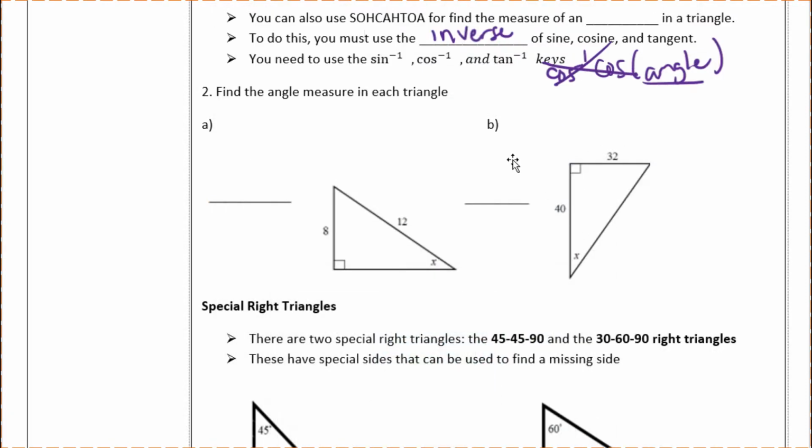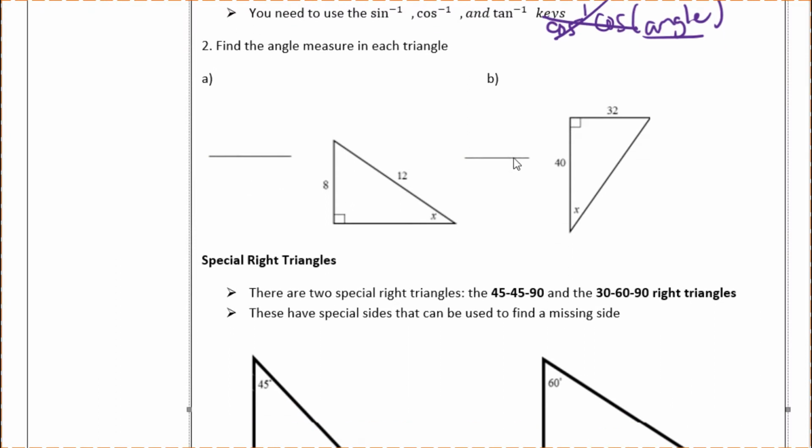All right. So to find the angle measure in each triangle, let's look at this one. First you got to figure out which trig function you want to use. So this is my angle. We call that x. We know that that's opposite, so that's O. And this is hypotenuse, so that's H. So that's going to be a sine. Sine is opposite over hypotenuse. SOHCAHTOA.